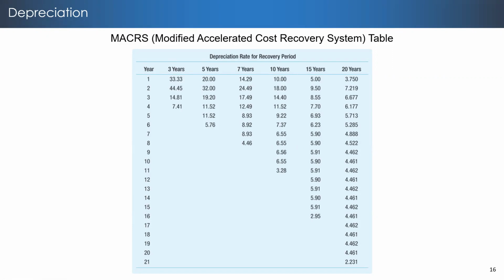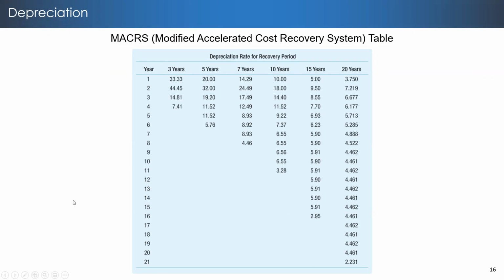So if the equipment is $7.5 million, then 30% of it is maybe more than $2 million. And then you can assign 44% of its total value in the second year, and then in the third and fourth year, there's only about 20% of the value left.